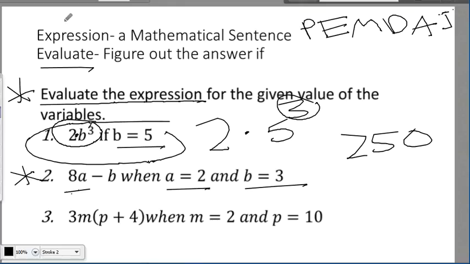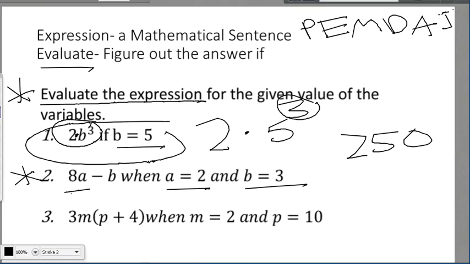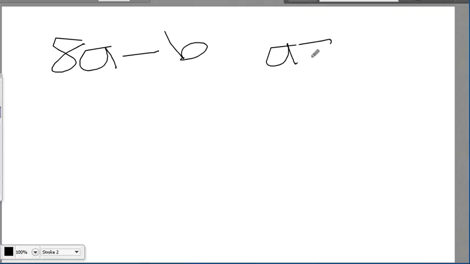I'm going to go ahead and write this one on another page so we have a little bit more room. So we have 8 times a minus b when we let the a equal 2 and the b is 3.